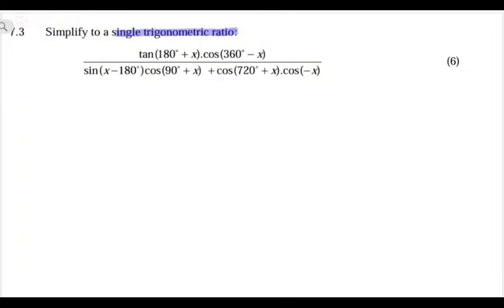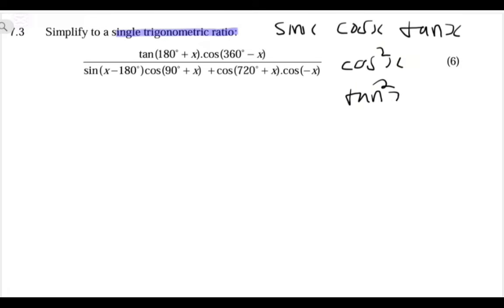trigonometric ratio. At the end of those, if you check the memo of each and every question, you're going to find that their answer is either sine of x, or cos of x, or tan of x, or they get something like cos squared x or tan squared x.